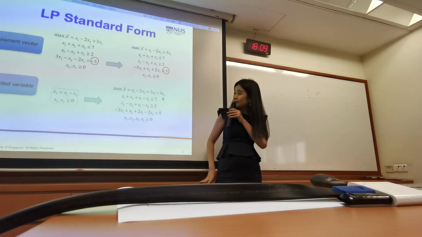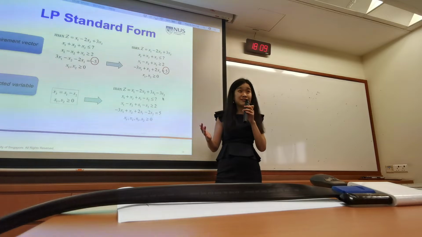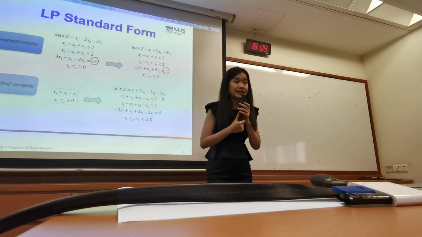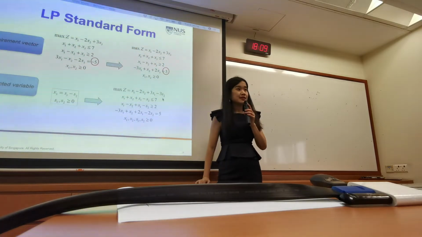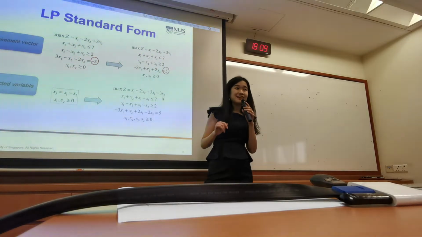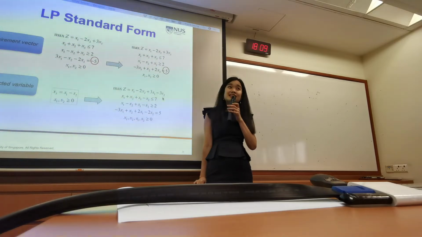The second step is a bit less straightforward, because I want to turn all the variables to be non-negative variables. Here x1 and x2, I know they are non-negative. How about x3? It is not constrained.